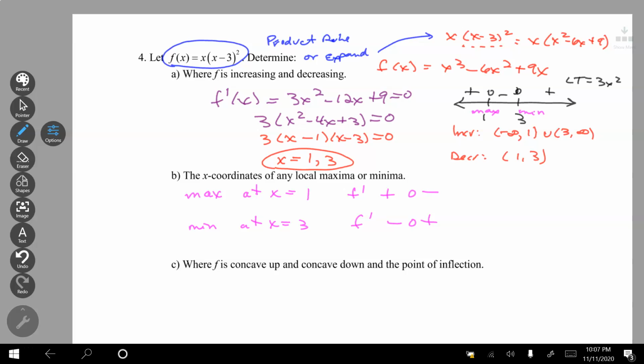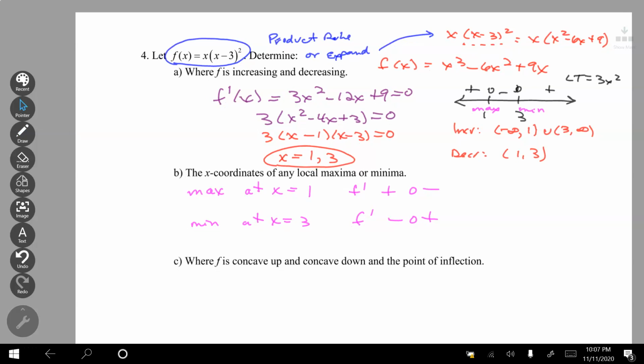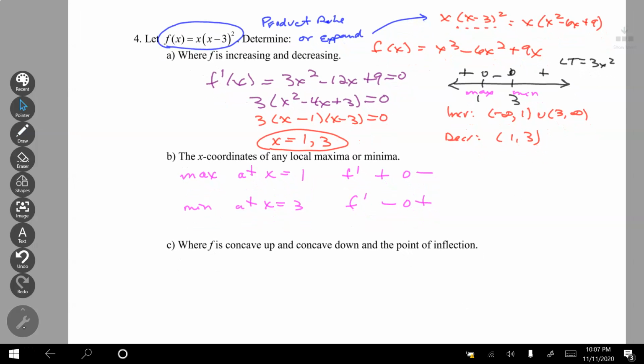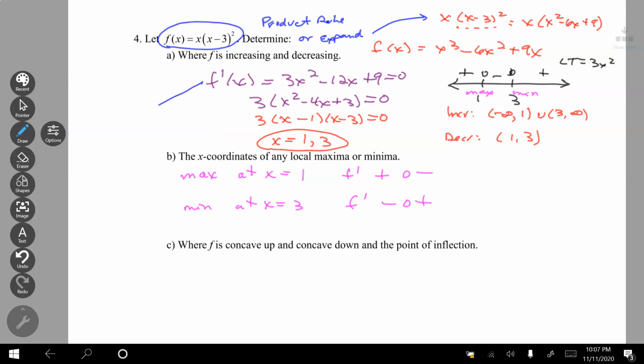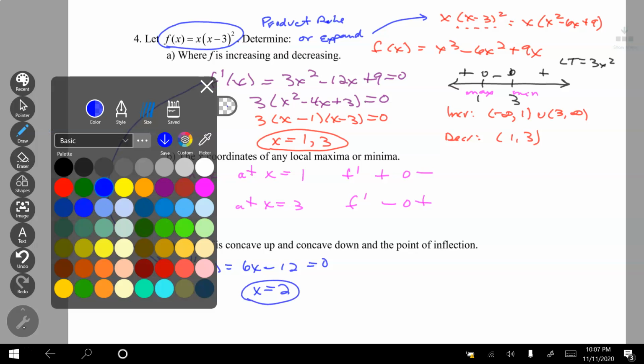So where is it concave up and concave down? And the inflection point, well, that's just taking the second derivative. So I'm going to take this derivative and I'm going to do f double prime. 6x minus 12, set equal to 0. Add 12, divided by 6, x equals 2. I can make a nice little number line.